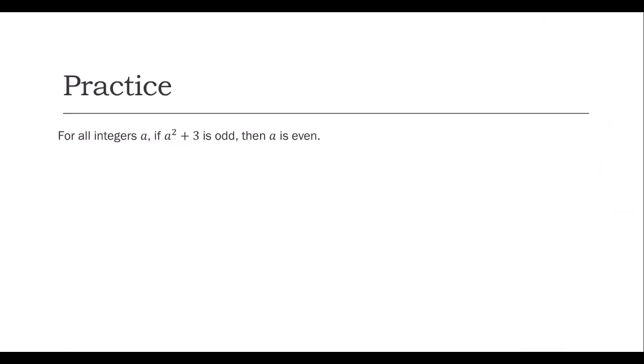So for this practice problem, it says for all integers a, if a squared plus 3 is odd, then a is even. So for this, we have our A statement that a squared plus 3 is odd, and our B statement that a is even.